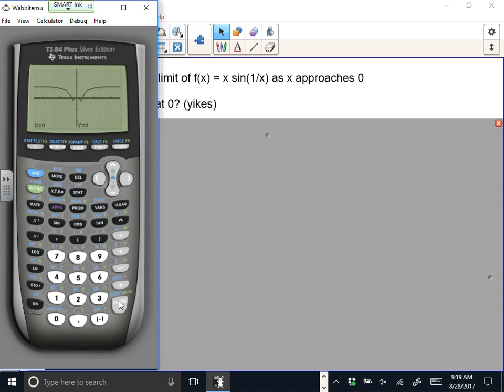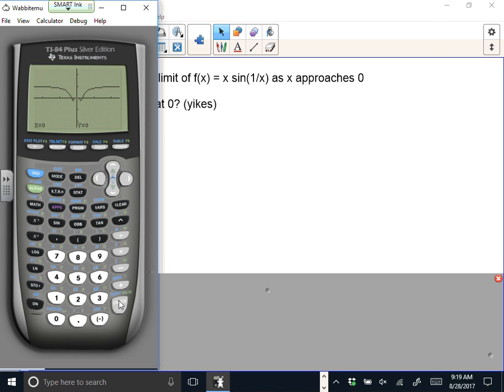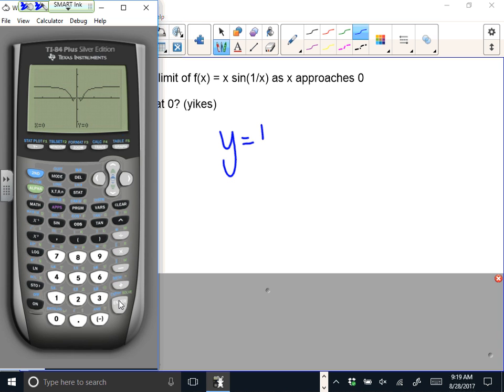So if we think about this x right here, would you agree that y equals the absolute value of x would always be bigger than f of x, if sine is only giving us outputs between -1 and 1? Do you agree that y equals negative absolute value of x would always be smaller than f of x?